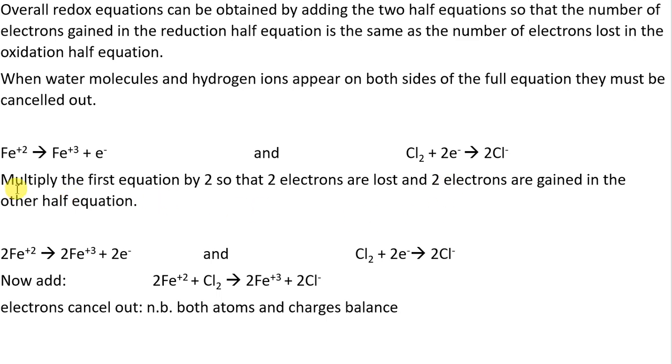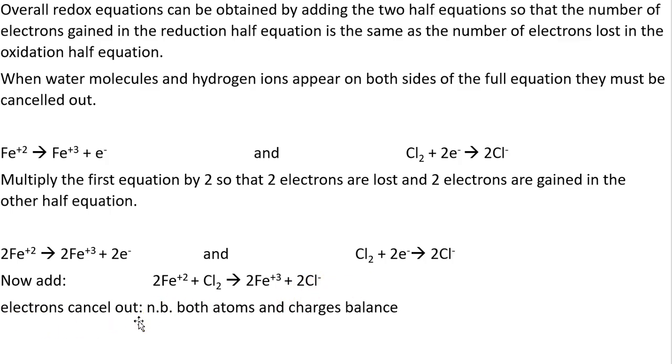So what I need to do is to multiply the first equation by 2 so that 2 electrons are lost and 2 electrons are gained in the other half equation. The iron half equation doubled. Electrons produced in the iron half equation match the electrons required in the chlorine half equation. Now just add.